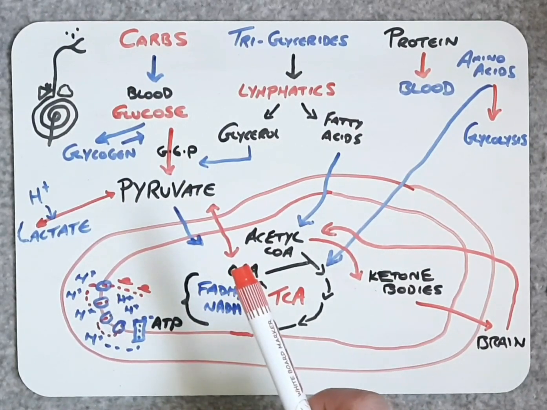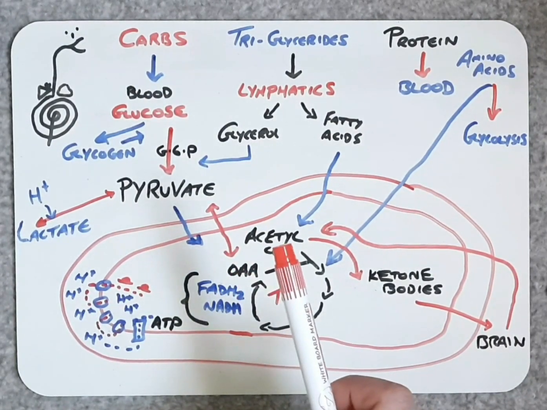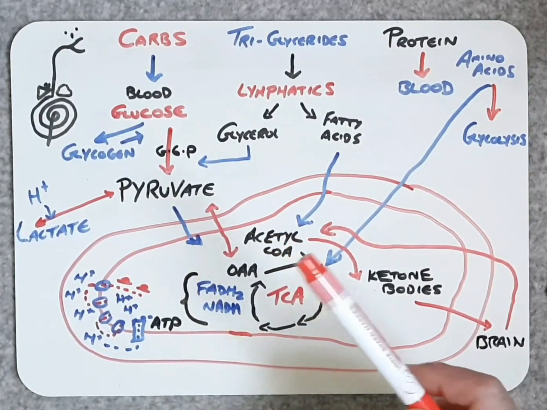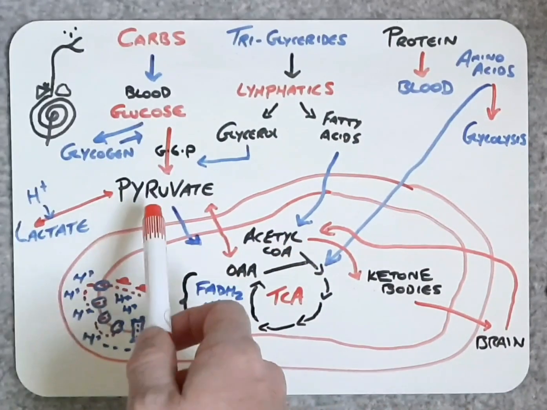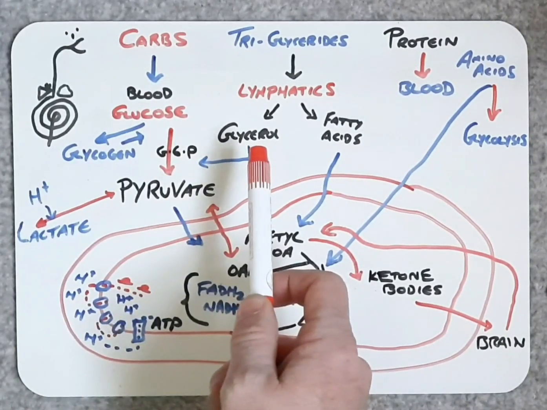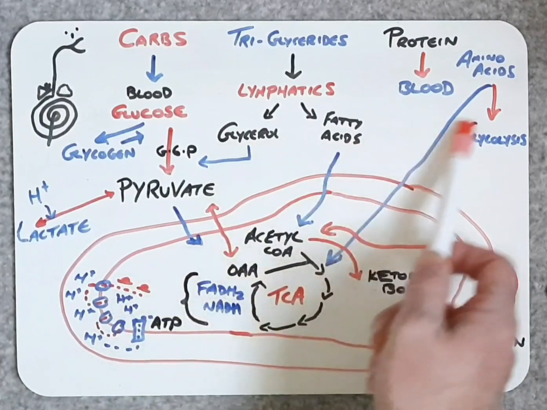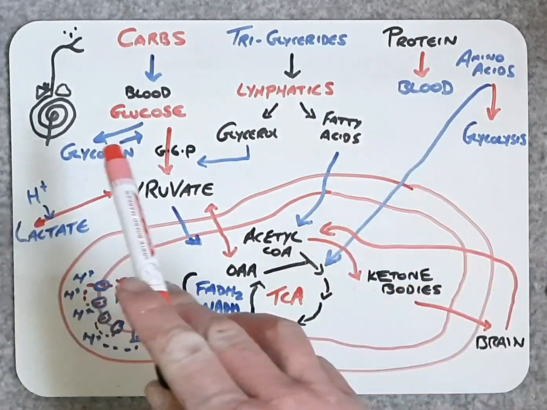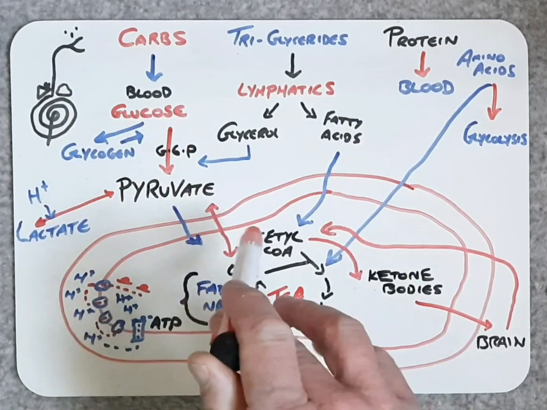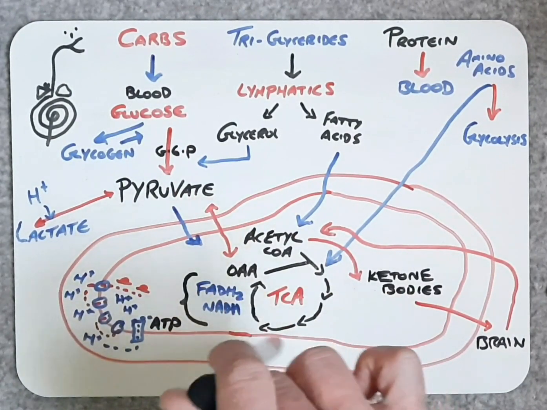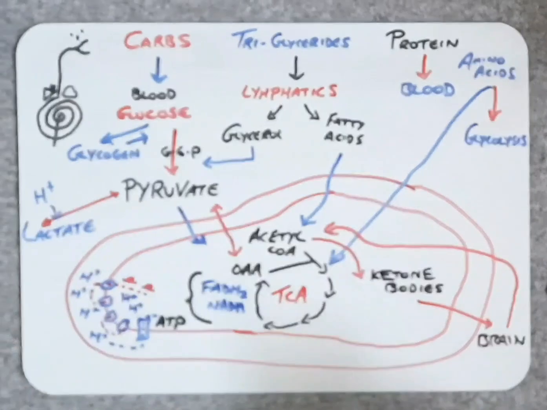So we need oxaloacetate and acetyl-CoA to be separate molecules. But if we're not producing enough pyruvate through glycerol, through glycolysis of amino acids, then we're not going to be able to get enough acetyl-CoA to help oxaloacetate perform the citric acid cycle.